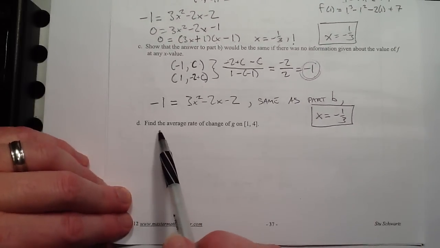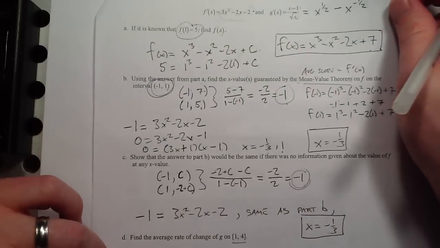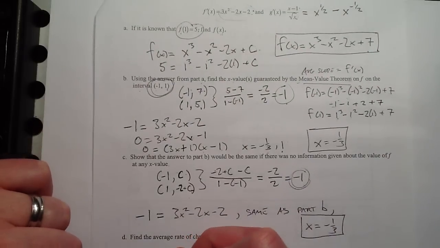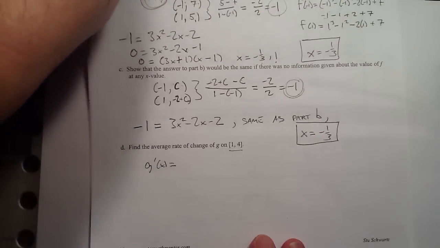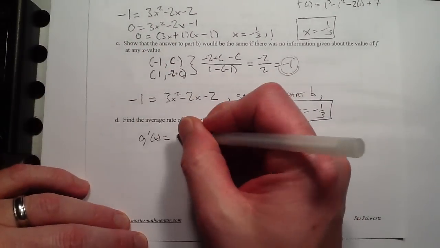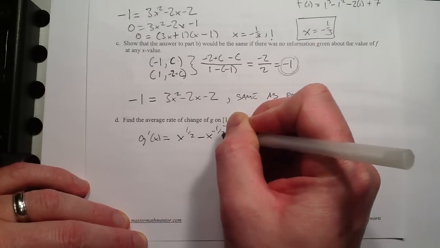And last, they want to find the average rate of change of g on the interval 1, 4. Well, let's see. We don't have the g function. We know that g prime, the derivative, is equal to, from above, x to the 1/2 minus x to the negative 1/2.